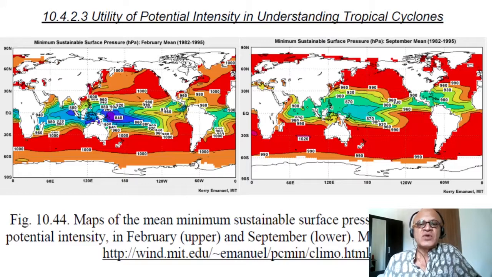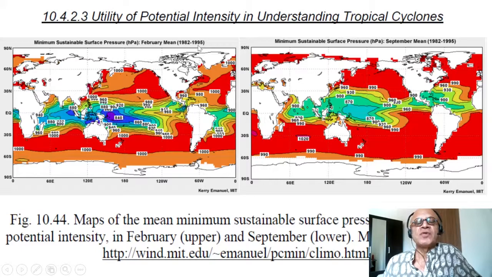The utility of potential intensity is also visible in understanding tropical cyclones. Here the maps of mean minimum sustainable surface pressure, which is obviously a measure of potential intensity, are shown for climatological sea surface temperature conditions for February and for September.